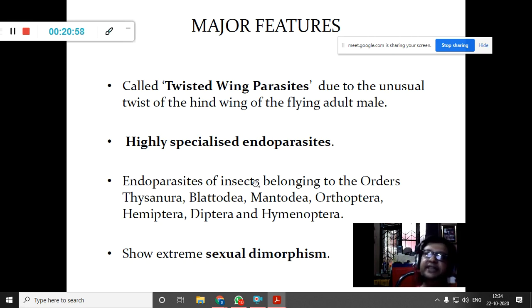They are endoparasites of insects which belong to the orders Thysanura, for example Lepisma, Blattodea, cockroaches, Mantodea, praying mantis, Orthoptera, they are jumping ones, the grasshoppers. Then you have the Hemipterans, the Dipterans, the flies, the Hymenopterans, the ants and bees. They show extreme sexual dimorphism. That is, the males and the females, they don't resemble each other.